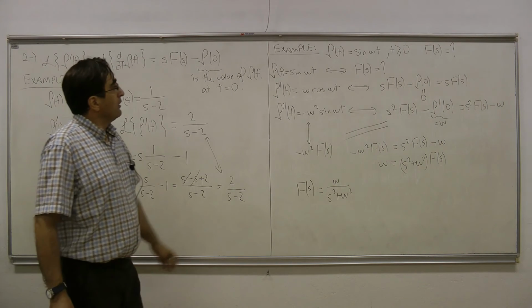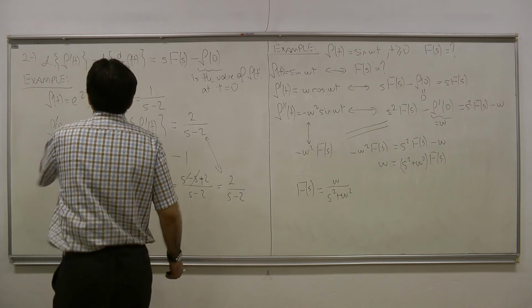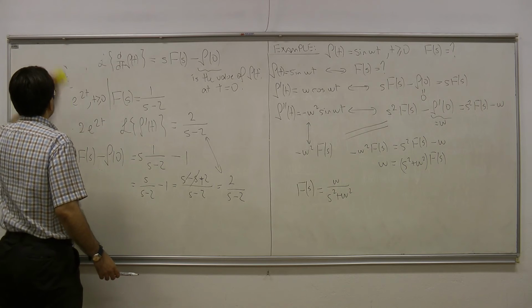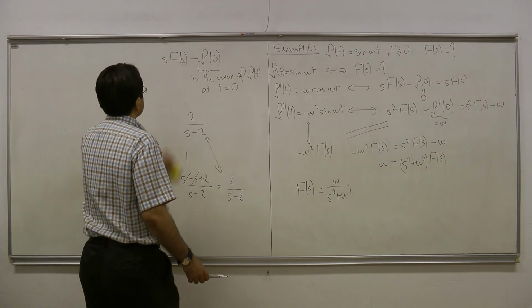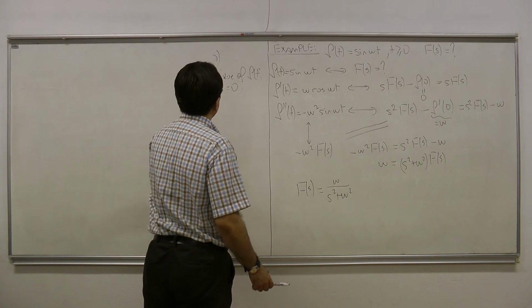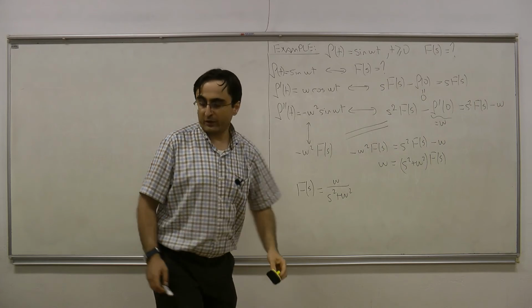So here I have used the derivative property to actually calculate the Laplace transformation of sine omega t. Now what about cosine omega t? How can I calculate its Laplace transformation? I can actually use the same derivation here.